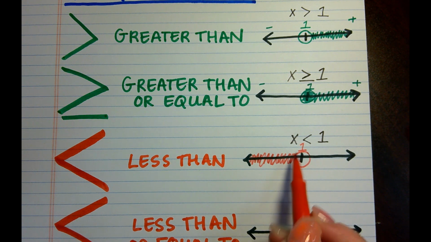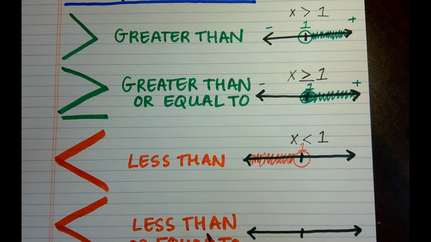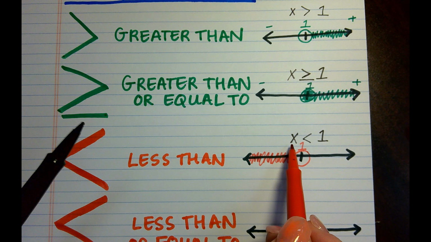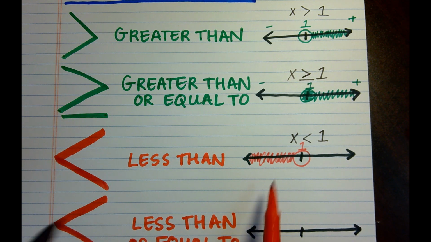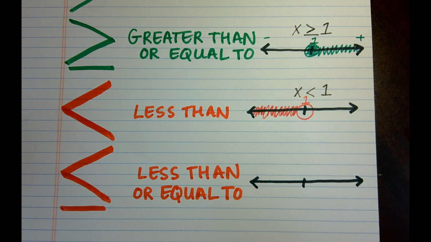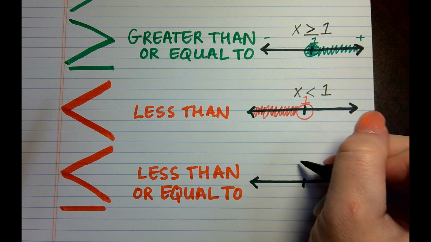And do we shade in our circle or not? No. Why not? It's open. Because it's not equal to 1. X is less than 1. It's only a number that is less than 1, and 1 is not less than 1. And what will be the final difference for this last symbol, less than or equal to?